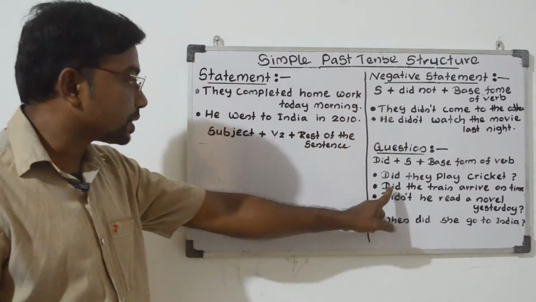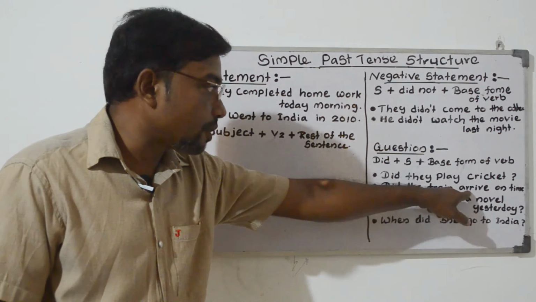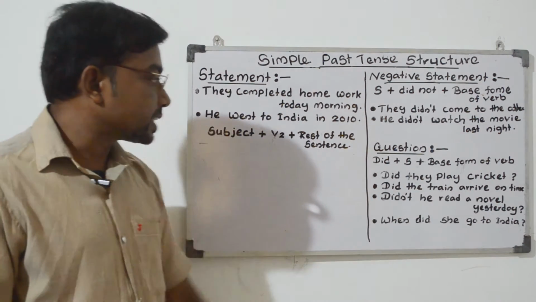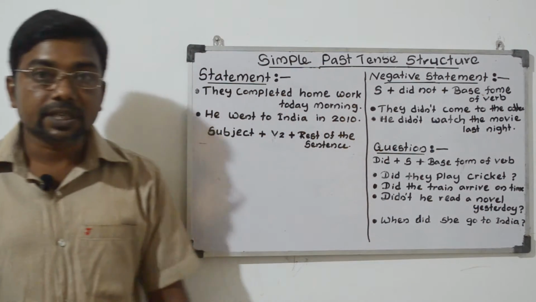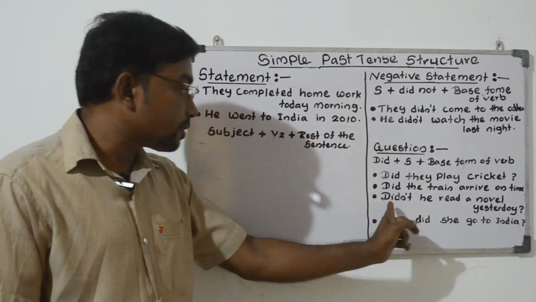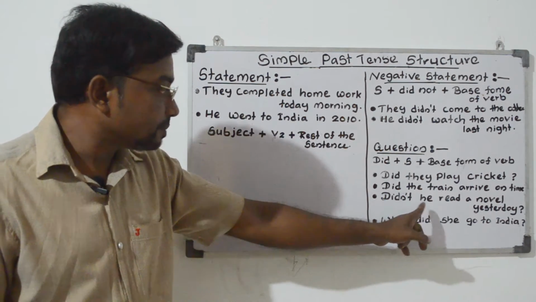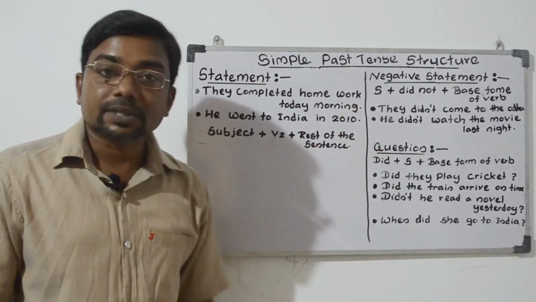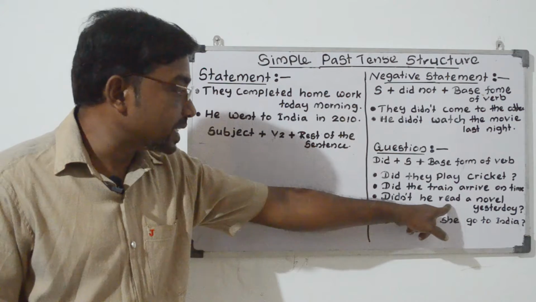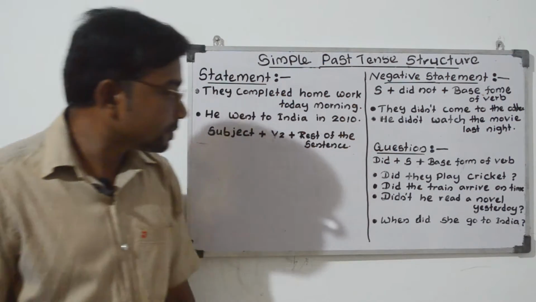Here also we use did plus subject plus verb base form. Look at third example. Did he read a novel yesterday? So here we are going to ask negative question, so therefore we use did not. We can contract it into didn't. Subject he, then we use verb base form read, then rest of the sentence.